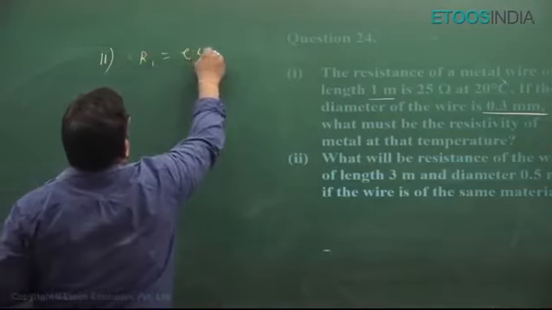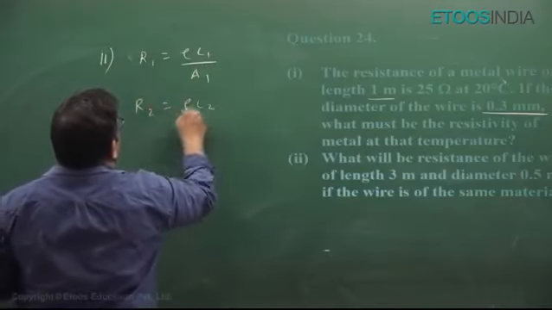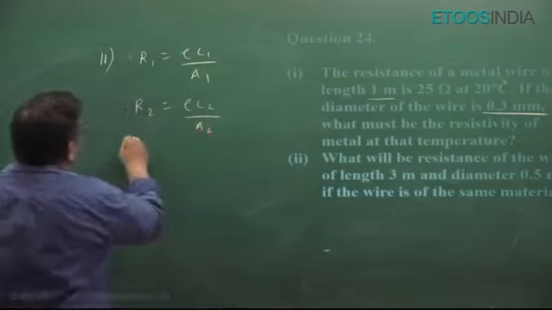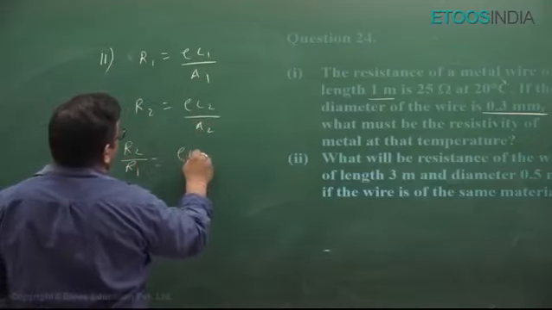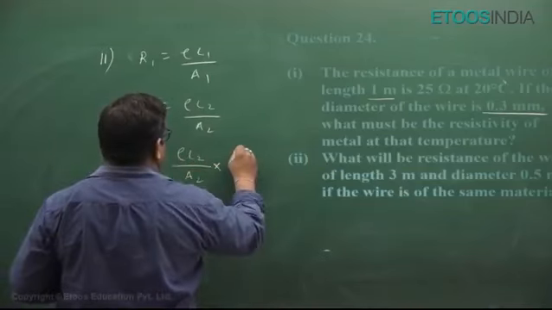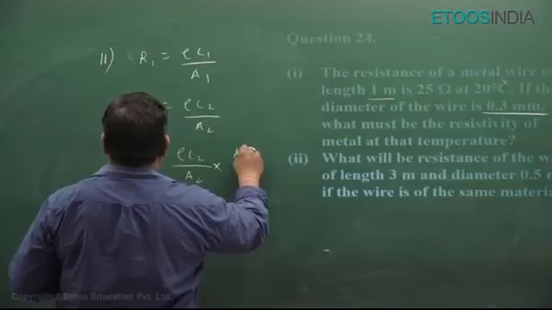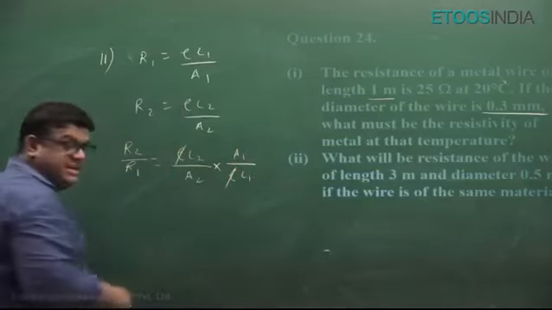R1 is equal to rho L1 upon A1, R2 is equal to rho L2 upon A2. So R2 upon R1 will be equal to rho L2 upon A2 into A1 upon rho L1. Rho will get cancelled here.